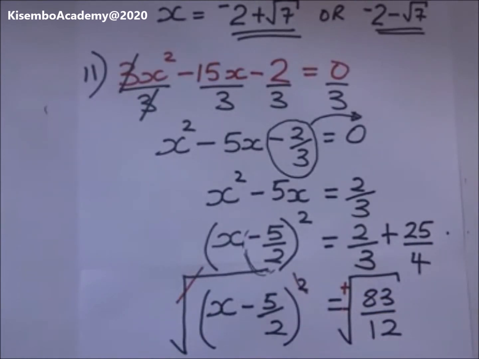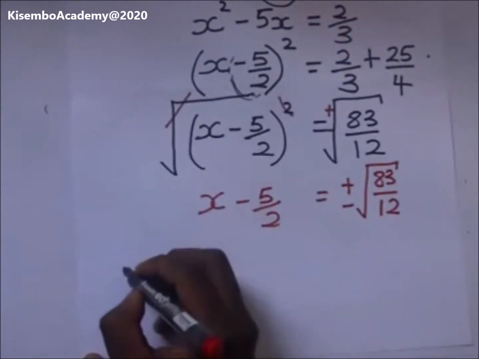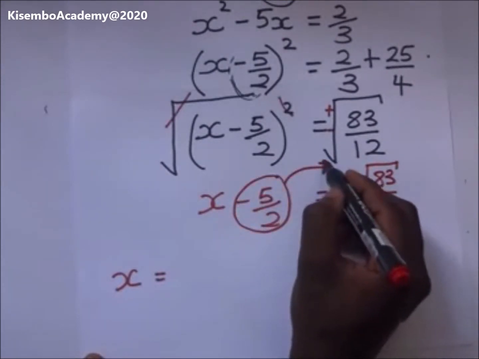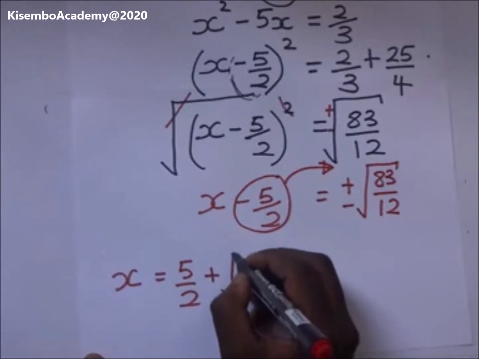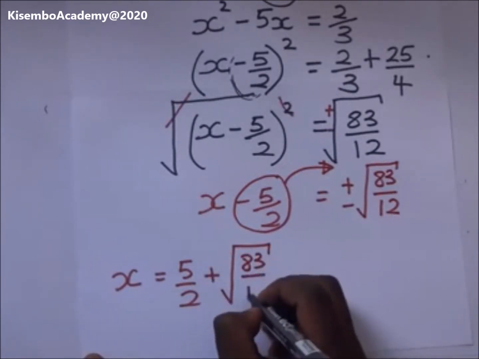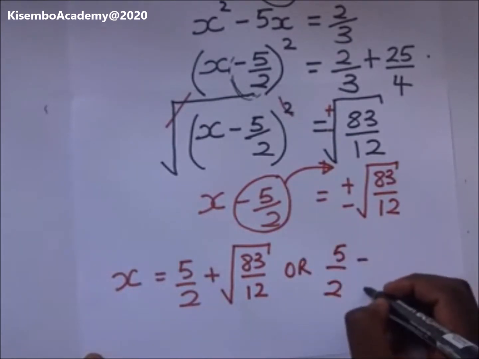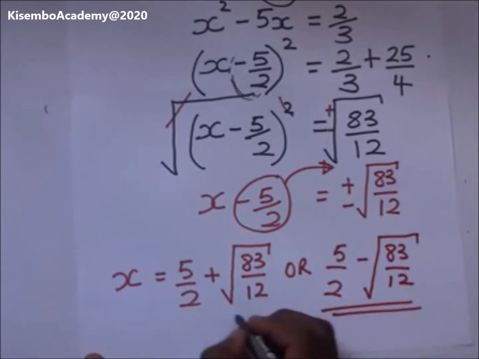So we have x minus 5 over 2 giving us plus or minus the square root of 83 over 12. And so the value of x will be, of course, when this 5 over 2 crosses to that side, we have 5 over 2 plus the square root of 83 over 12, or we have 5 over 2 minus the square root of 83 over 12. These are our two values of x.